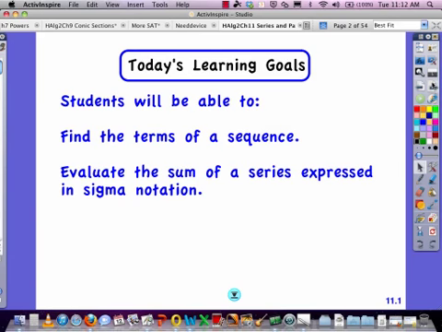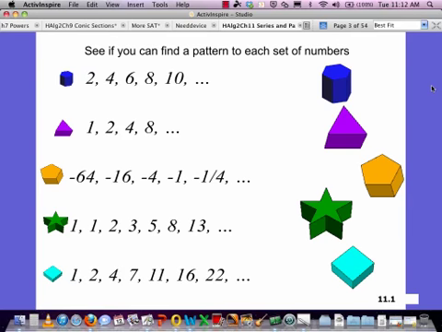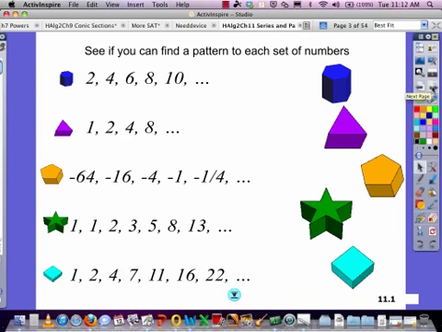So let's go ahead and look at the first one. Remember that there are all different types of series. Series might be a list of ordered numbers in some way, shape, or form. So if you looked at these, and I asked you, what is the pattern in each of them? Would you be able to find them? So study them each for a second.